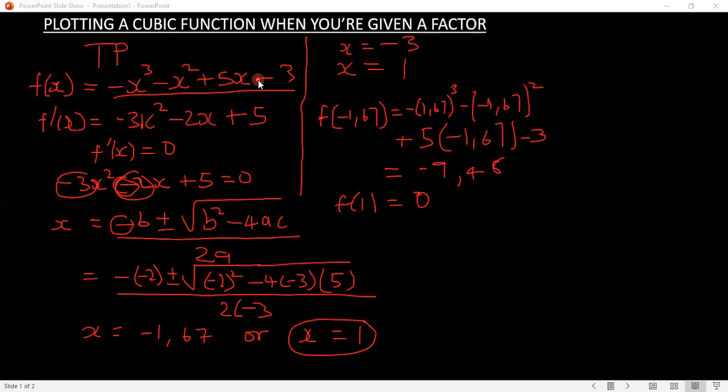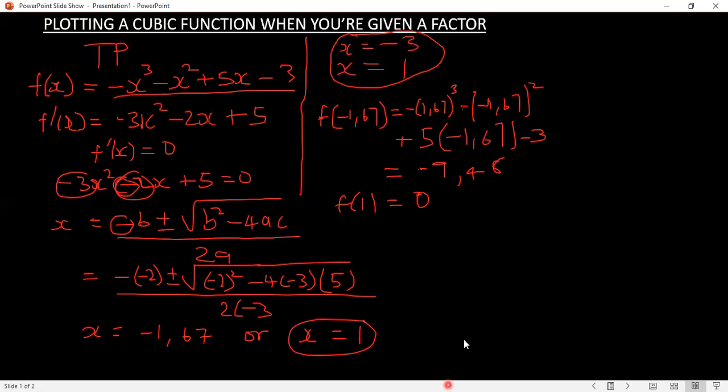So you don't have to do that again. Now, guys, we have everything that we're going to need to plot a cubic function. We have the x-intercept. We have the turning points. Now we are just left to plot our function.